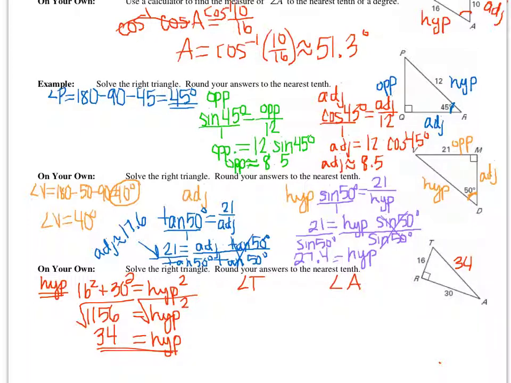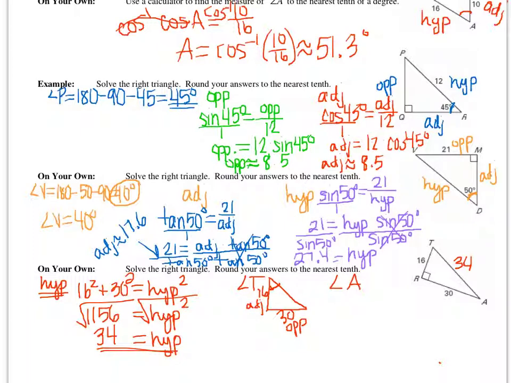So looking at angle T, I'm going to just sketch a little picture here. If this is my angle T, then this 16 is my adjacent, and the 30 is my opposite. So what uses opposite and adjacent? Well, that's tangent.